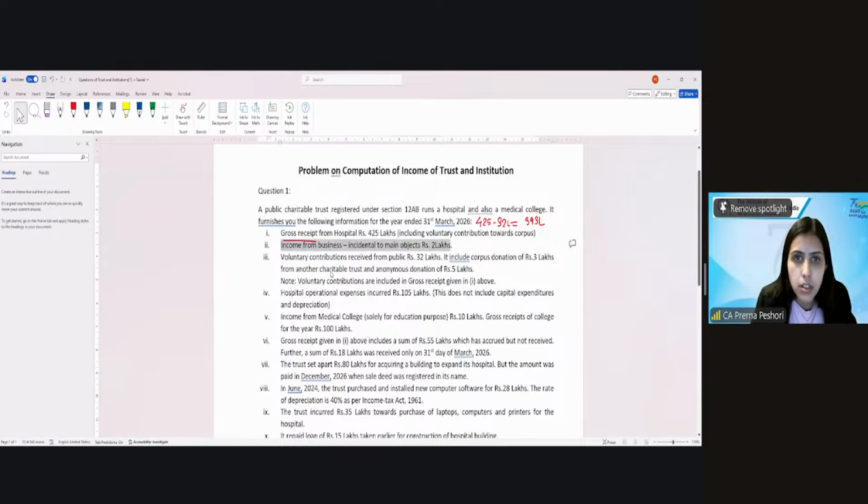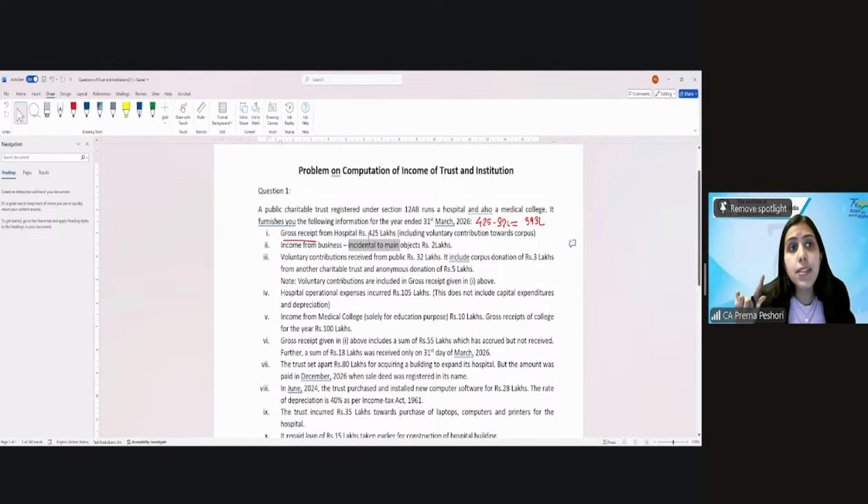Correct. So therefore, the 20% criteria is not to be tested, because this is incidental to the main objects. Secondly, here this is falling under the education and medical relief. So here we will not test the 20% condition.